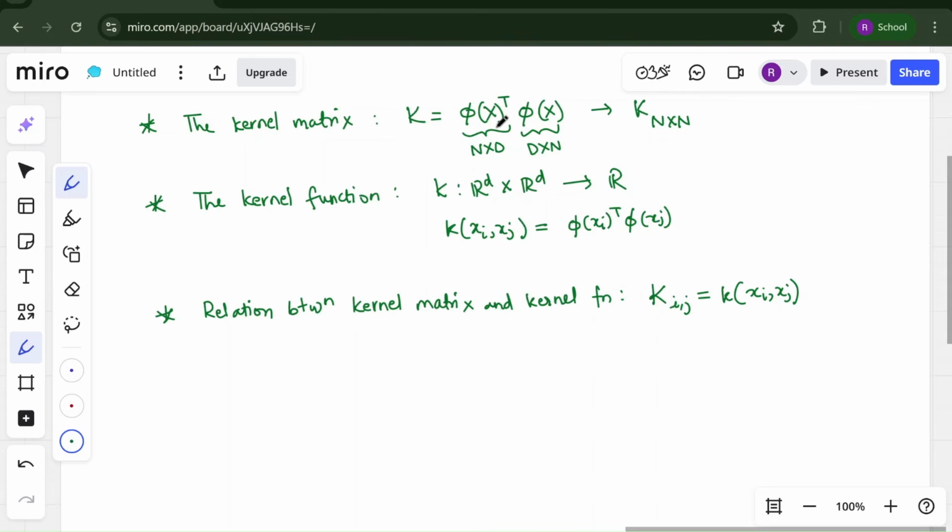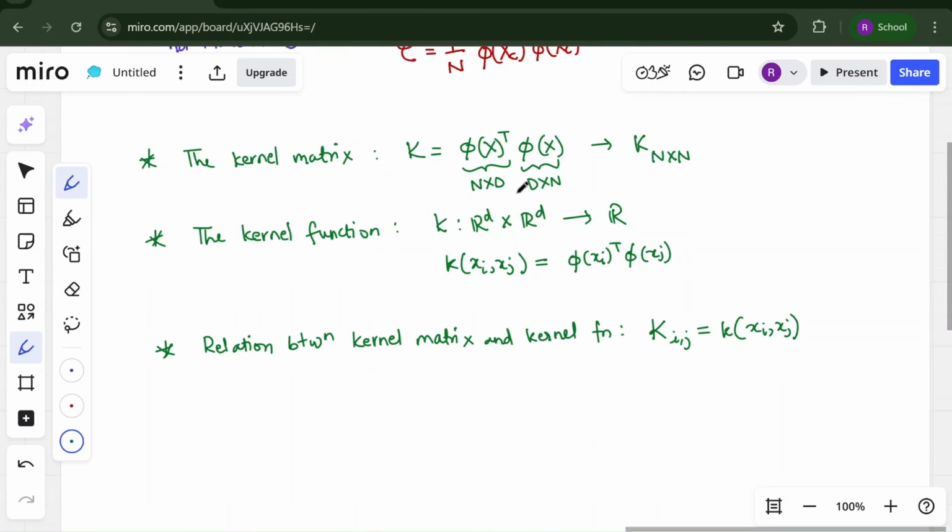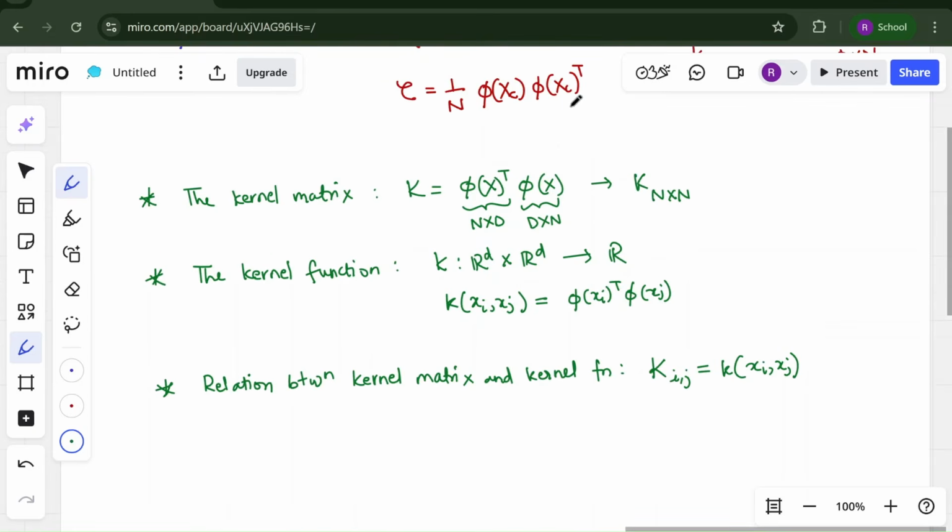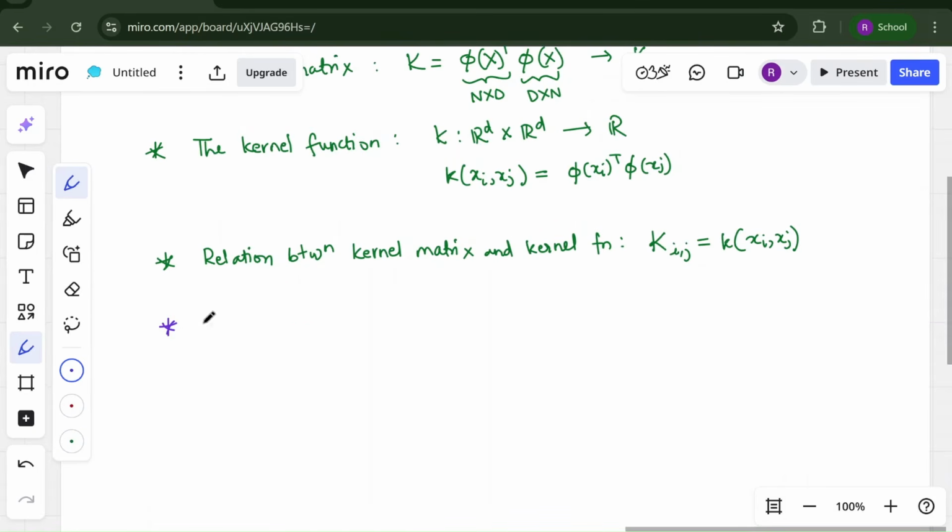But this is not the covariance matrix. The covariance matrix is something different. There are two differences between the kernel matrix and the covariance matrix.